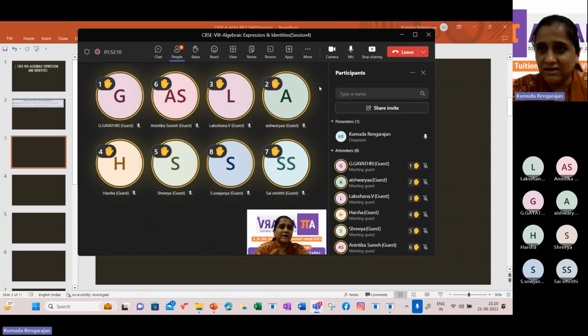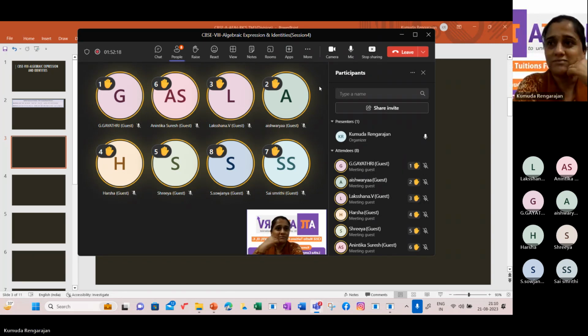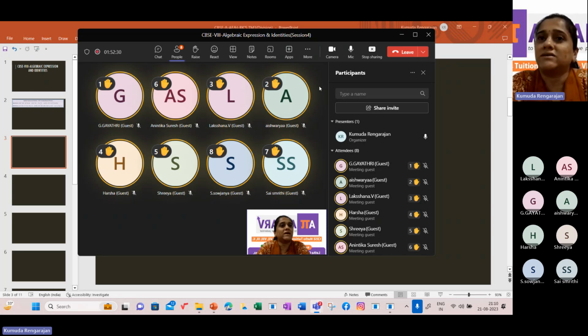It's all about school math. If you were good with the algebra of 8th, 9th and 10th, it's a cakewalk. That's the fact. School mathematics is the foundation.